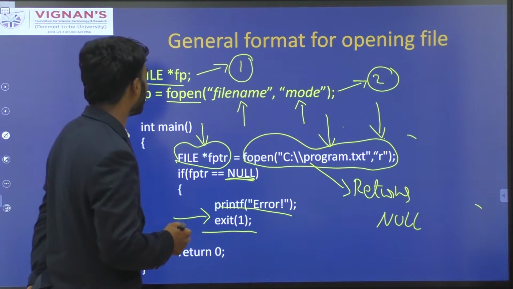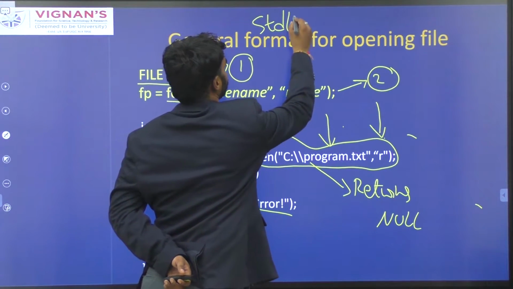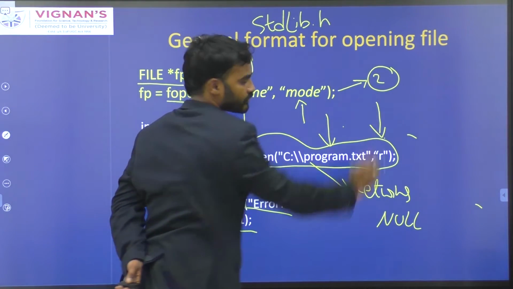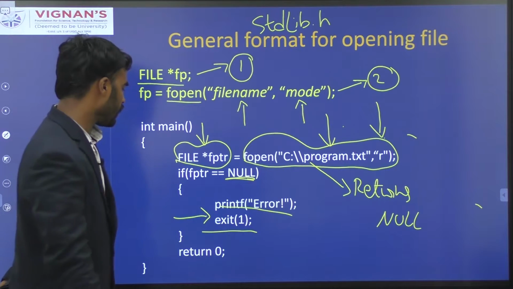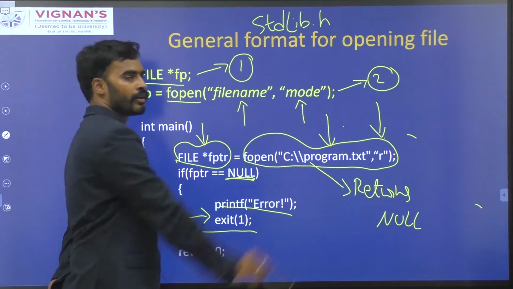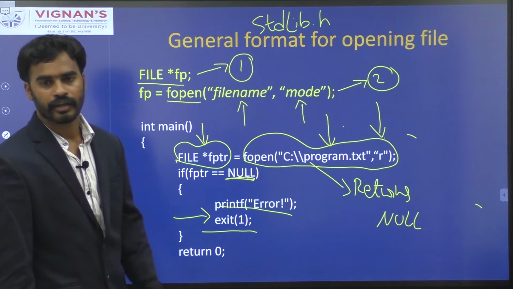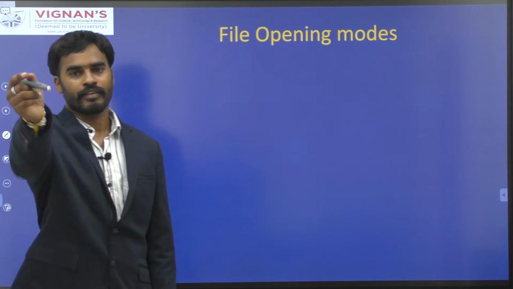This method is available in a header file called stdlib. If you want to terminate your program execution, you can call the exit method, which is available in the stdlib.h header file. Next, we will discuss what the different file opening modes are.